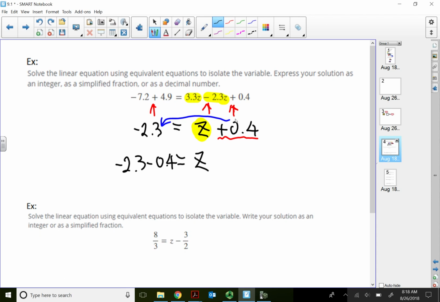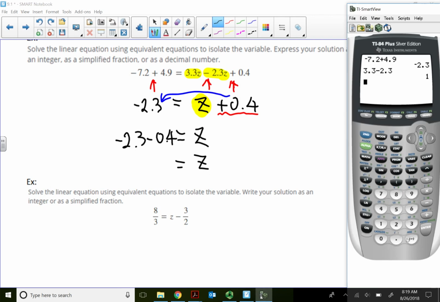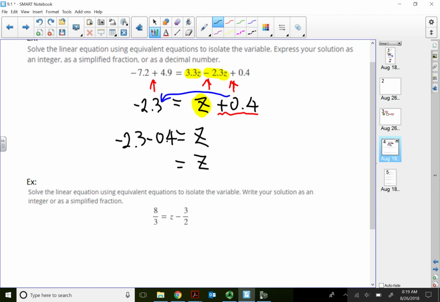All right. So if you do this moving terms for a while, eventually you can just do it by looking at them. You don't have to write every step down. So now my z is equal to negative 2.3 minus 0.4. So negative 2.3 minus 0.4, that's negative 2.7, just to make sure.